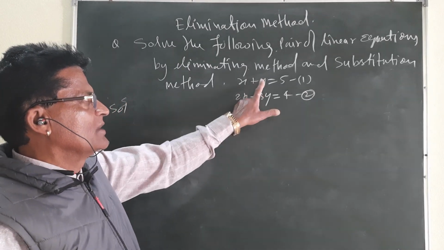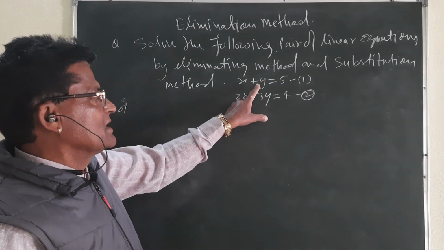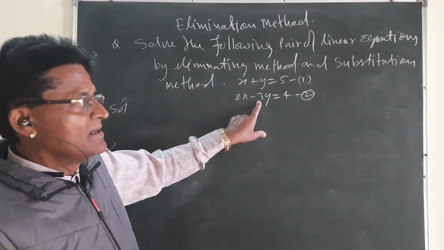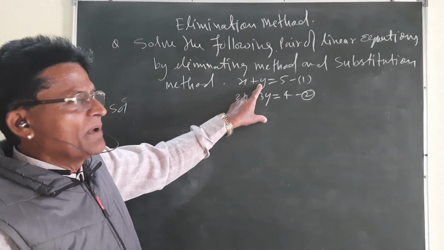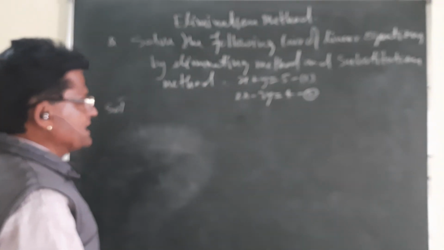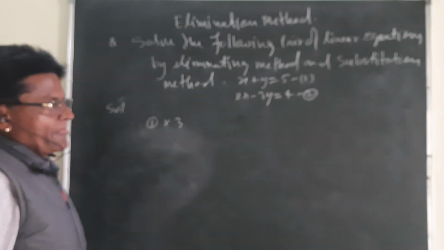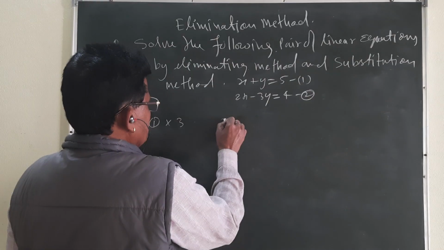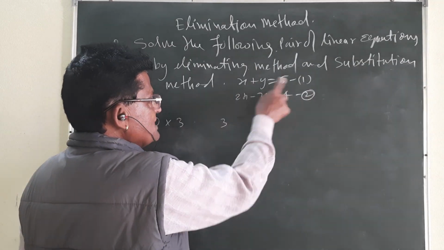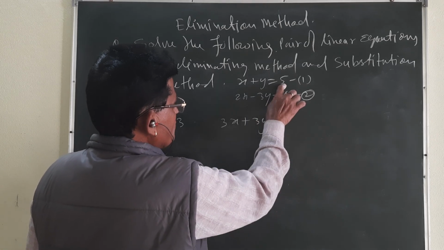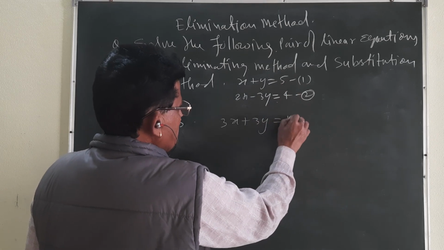Suppose we want to eliminate y. In equation number 1, you multiply by 3 because the coefficient of y in equation 2 is 3. Multiplying equation 1 by 3 on both sides, we get 3x plus 3y is equal to 5 into 3, which is 15.